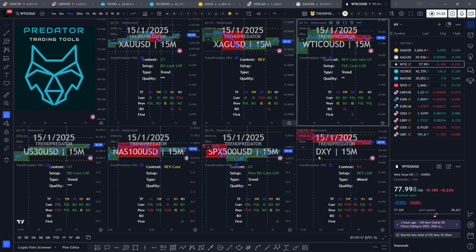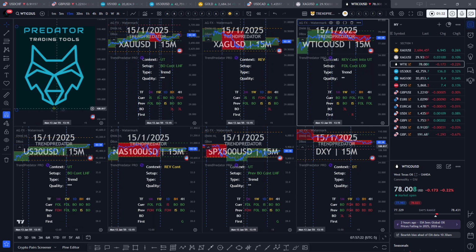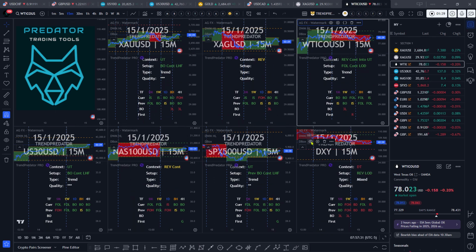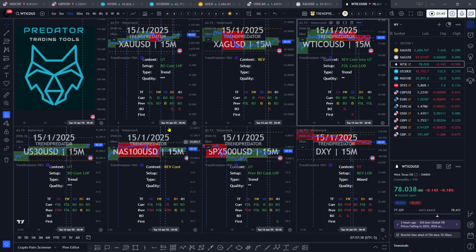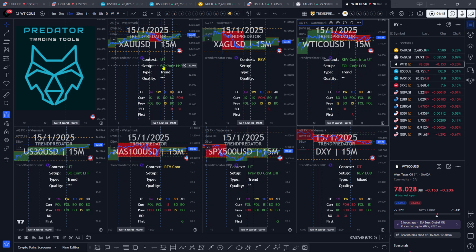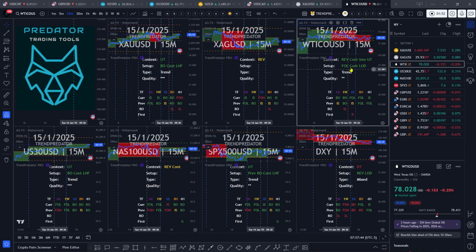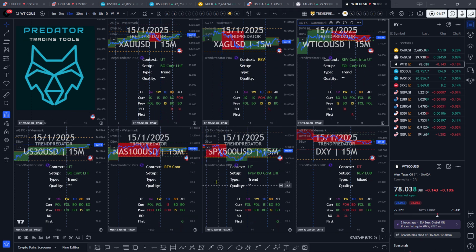This is my heat map, and what it enables me to do is glance at each instrument and give me a bird's eye view of what's going on before I delve deeper into the chart of my preference. For instance, if there's a trade setup that's already been identified, I'd be interested in those, obviously. I'd be interested in anything really that isn't conflicting.